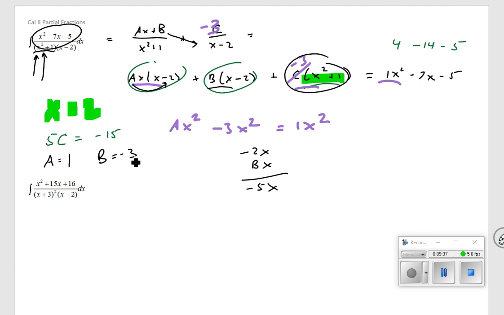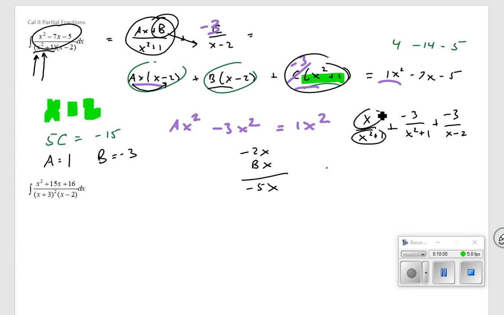All right, so this becomes, a is 1, that becomes x over x squared plus 1. B is negative 3, that's negative 3 over x squared plus 1. And that's negative 3 over x minus 2. Now, if that's u, that's half a du.